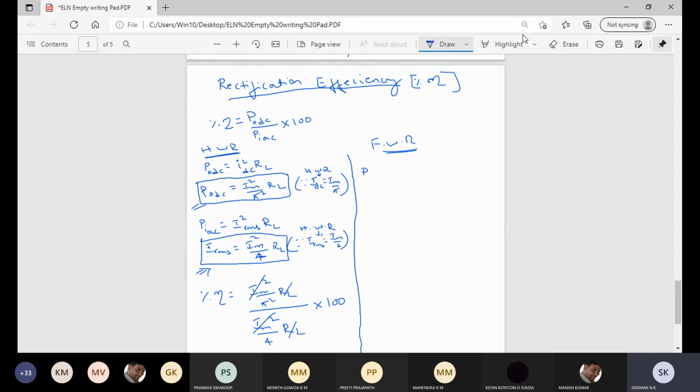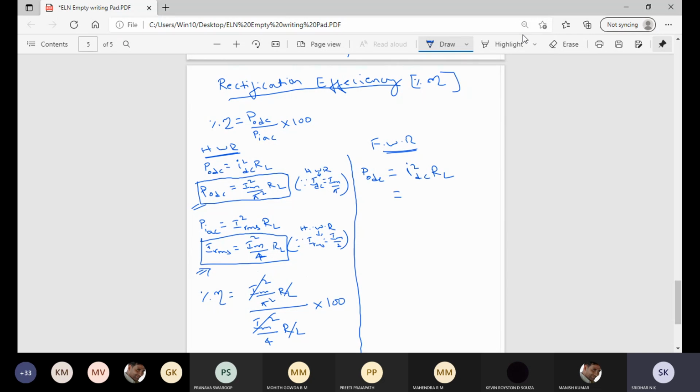So PODC is equal to I square DC into RL. What is IDC for a full-wave rectifier? It is 2Im by pi, correct?